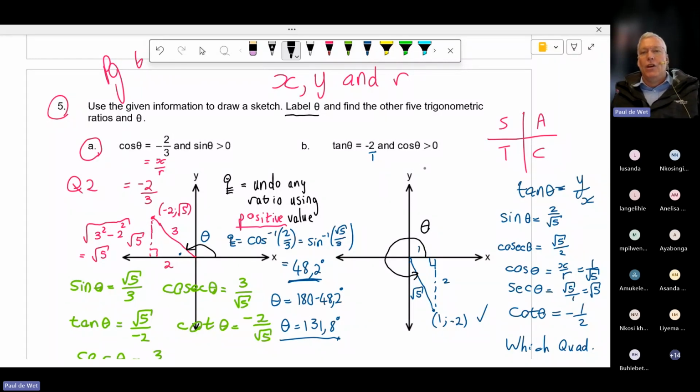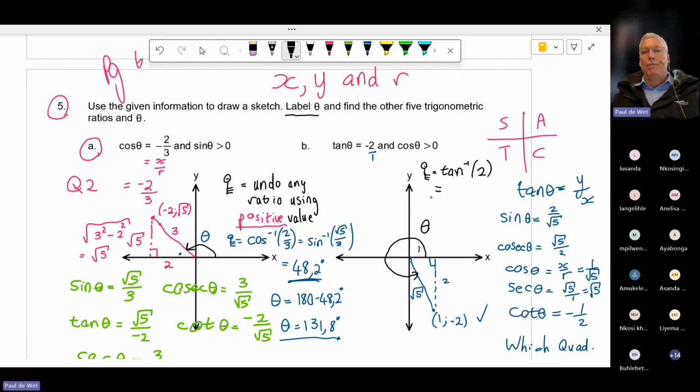Now we're going to find theta, but first we are going to find a key. Who can remind me what's important when I find a key? I'm going to undo the trig ratio. Let's undo tan. But what mustn't I do? I must use the positive value.